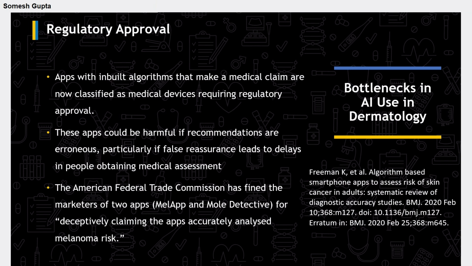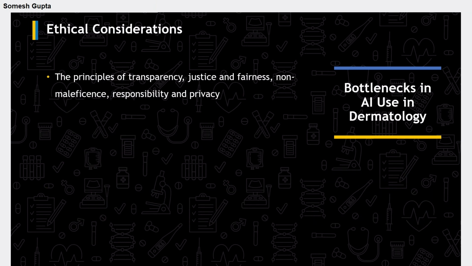So that's a problem. And again, regulatory approval is non-existent in the majority of Asian countries, and even in countries where there is some guideline on regulatory approval of these diagnostic applications, there is much less clarity than for other medical devices. So this is again another bottleneck.